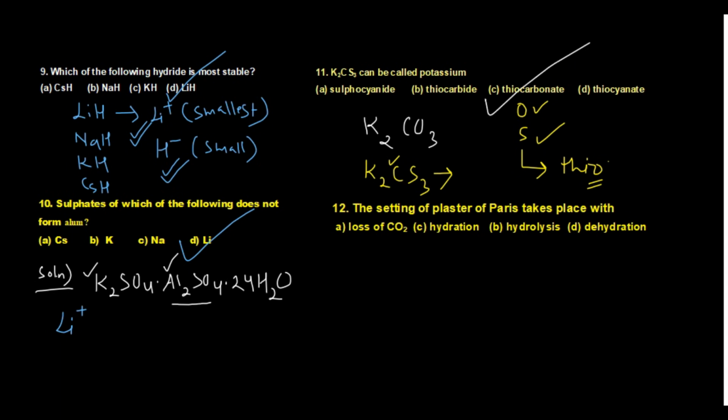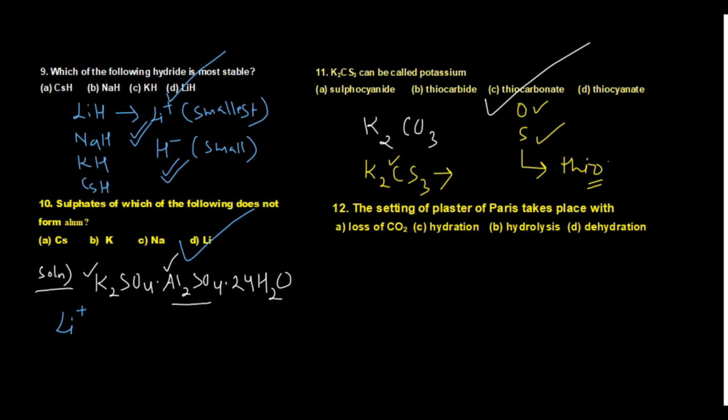Now moving to the next problem. It says, the setting of the plaster of Paris takes place with the loss of carbon dioxide A, hydrolysis B, hydration C, and dehydration D. This is again a very simple problem.